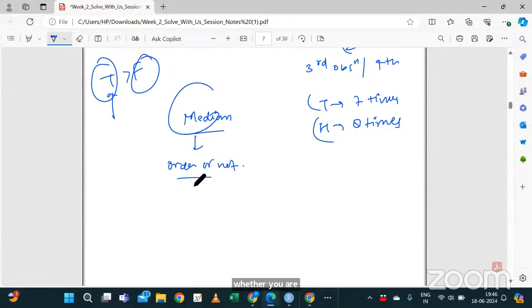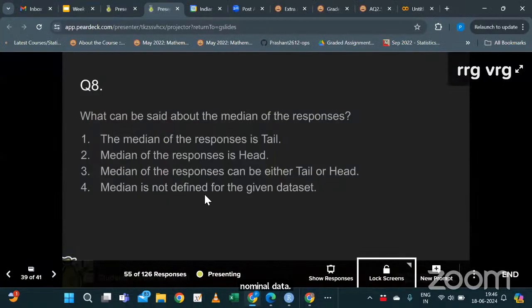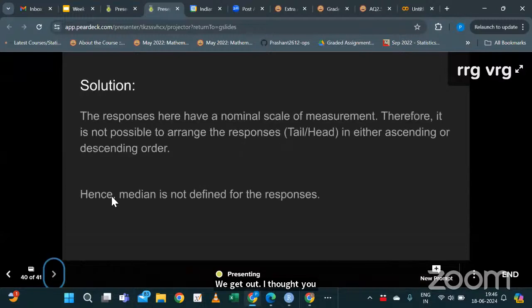Can you order tail and head? No, sir, you can't. So that means this is nominal data. That means median is not defined for the given data set, because it's nominal data.